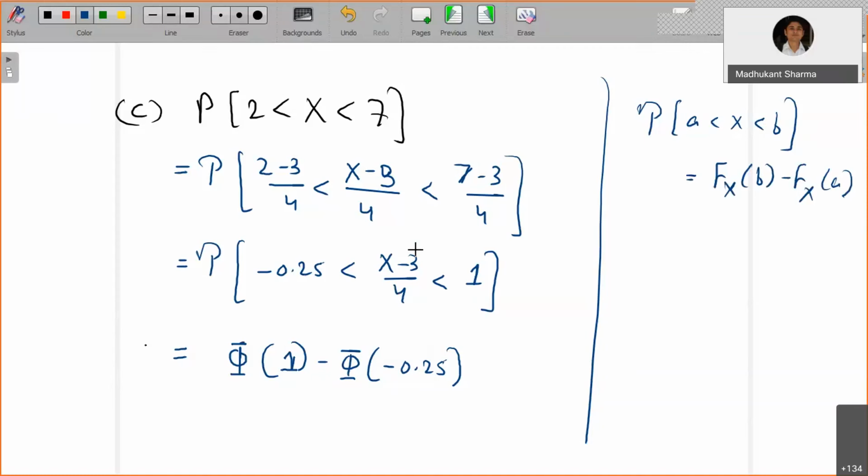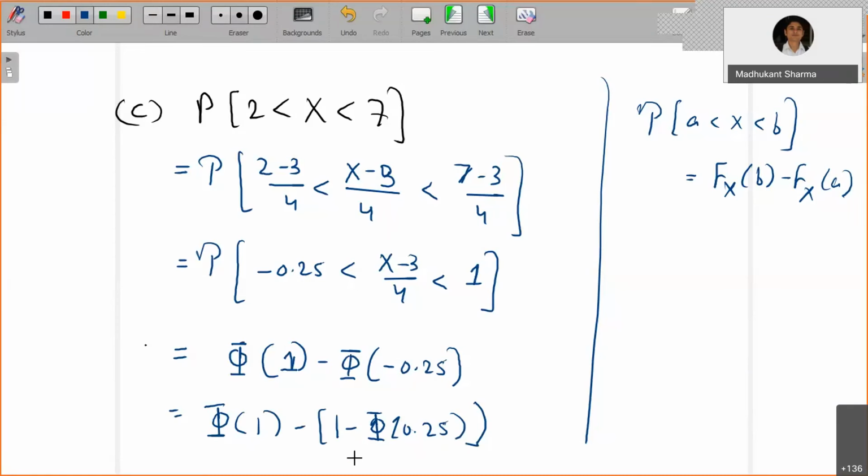For this negative value, I will use the symmetry: phi of minus z equals 1 minus phi of z. That's what we are going to use.